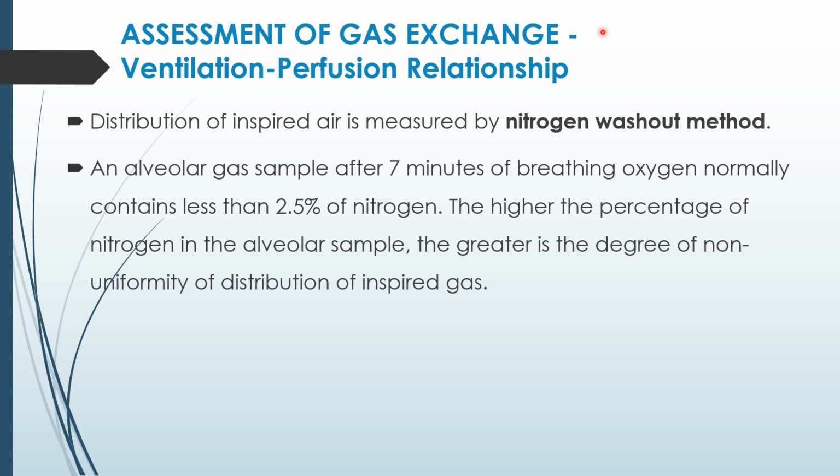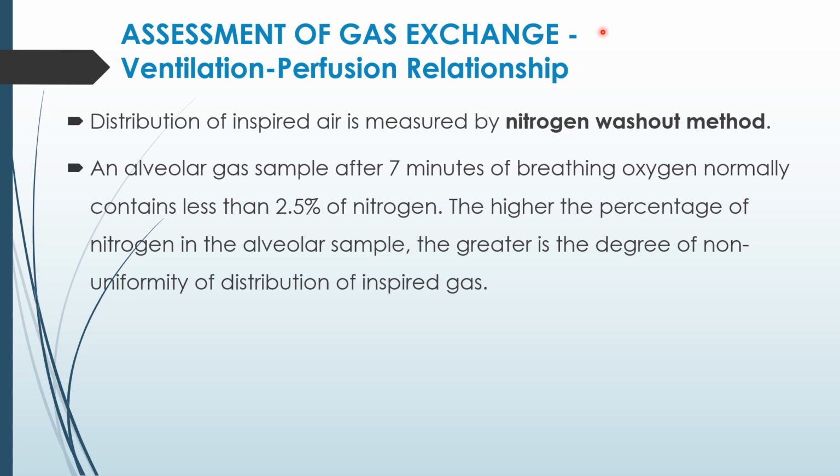An alveolar gas sample after 7 minutes of breathing oxygen normally contains less than 2.5% of nitrogen. A higher percentage of nitrogen in the alveolar sample indicates a degree of non-uniformity of distribution of inspired gas.